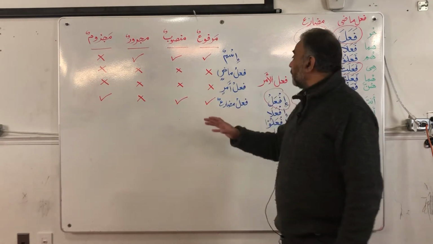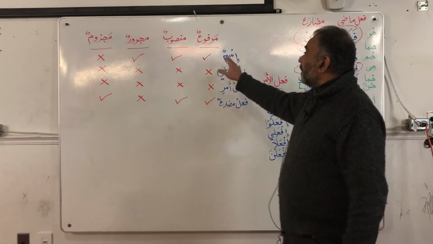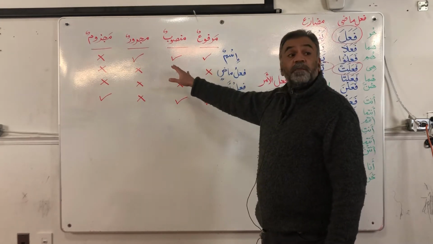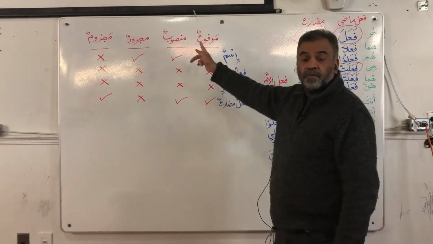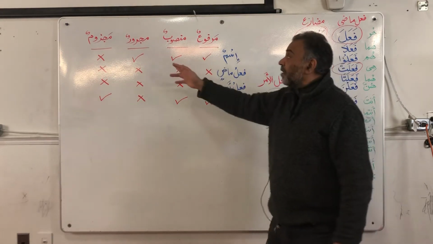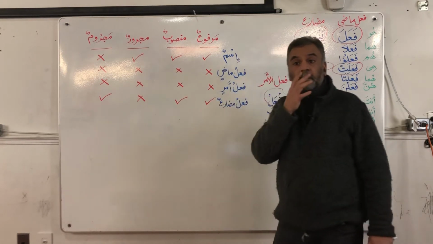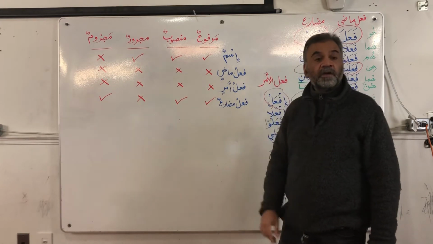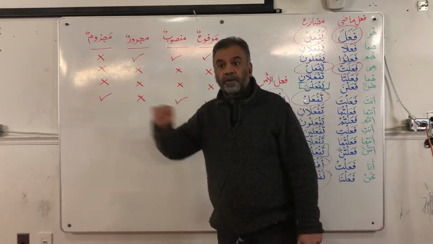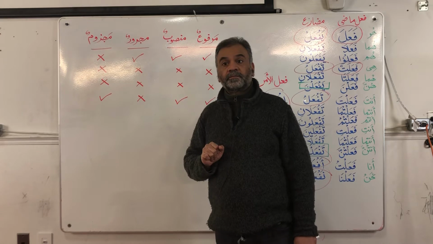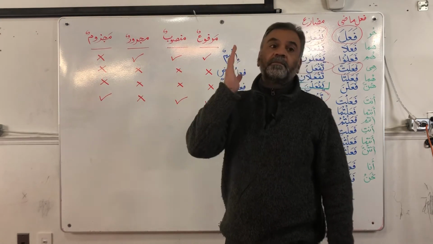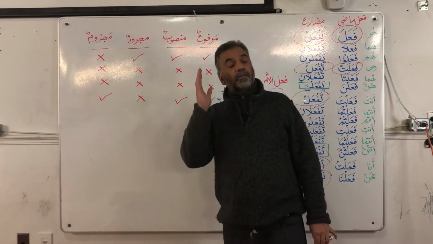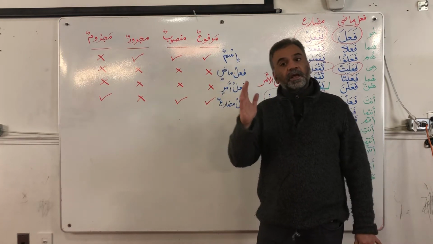We will talk about them. Can nouns be mansoob? Yes. Check mark. Can nouns be majroor? Yes. Check mark. Can a noun be majzoom? Never. Like you gave an example, Muhammadun, Muhammadan, and Muhammadin.